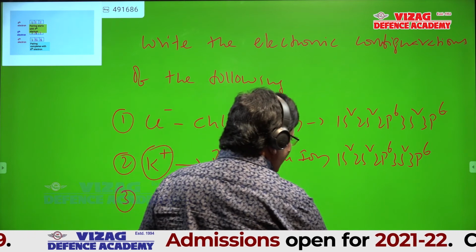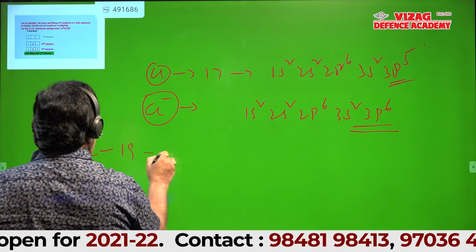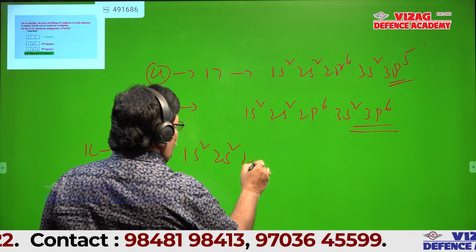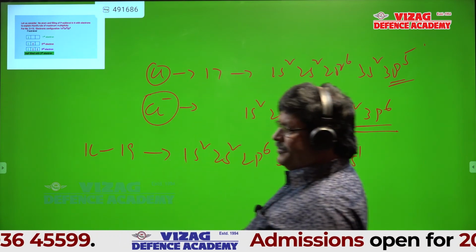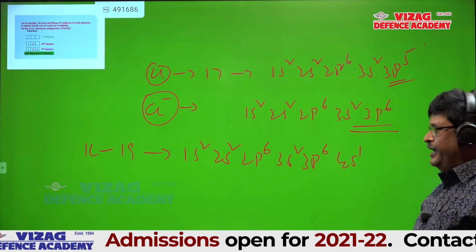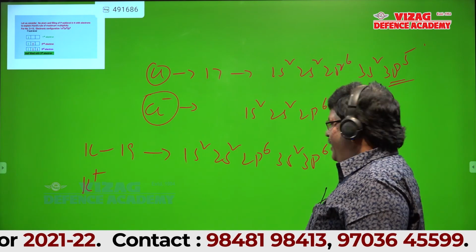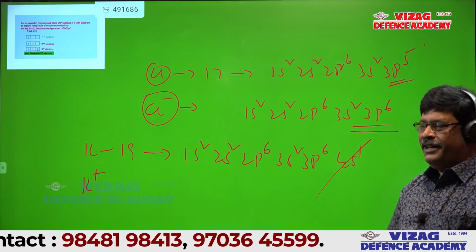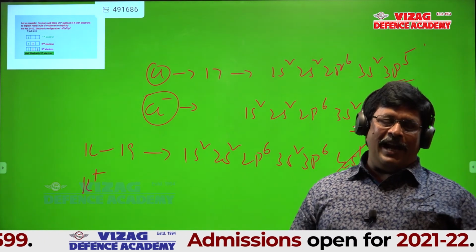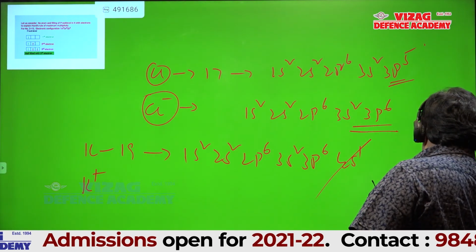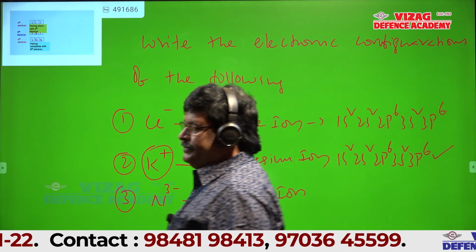Potassium is 19: 1s2, 2s2, 2p6, 3s2, 3p6, 4s1. Then K plus means it gains or loses one electron? Loses, sir. Then how can it be 4s2? That's it, 3p6. So this is right. Is it okay? Yes, sir.